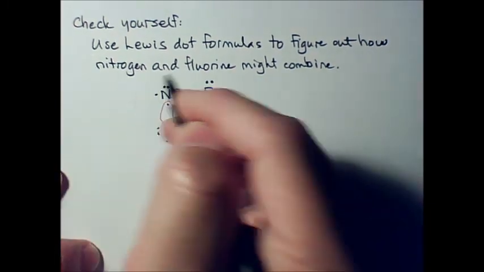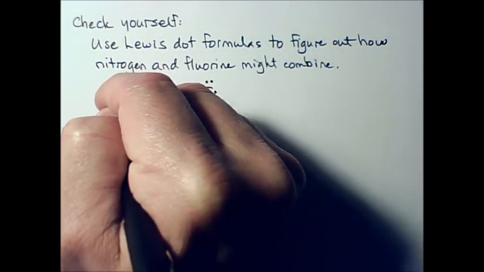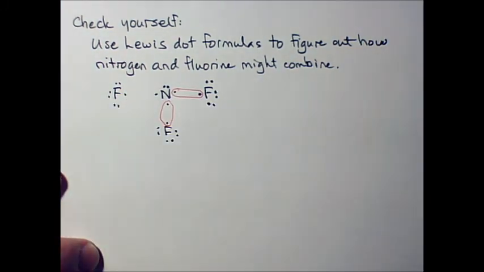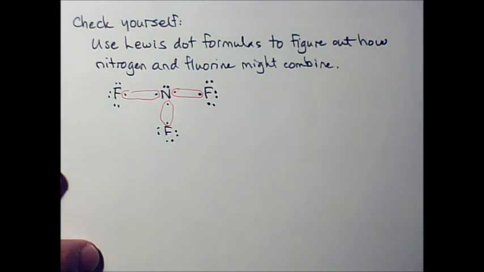So we need another fluorine, and we're going to share these 2. Now this gives every atom in our illustration the 8 electrons it wants.